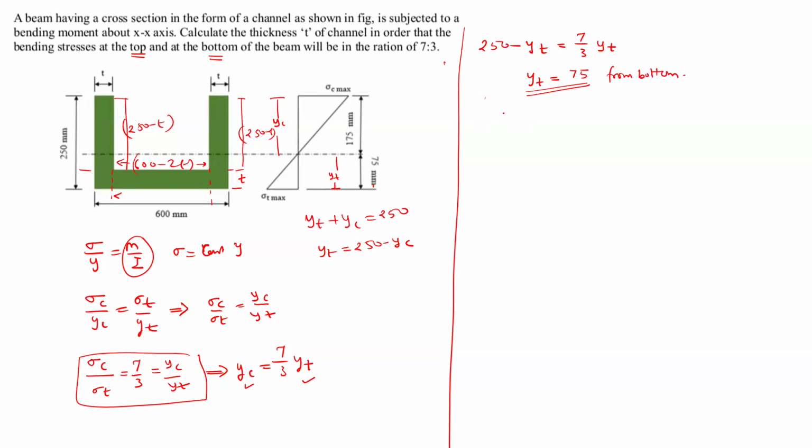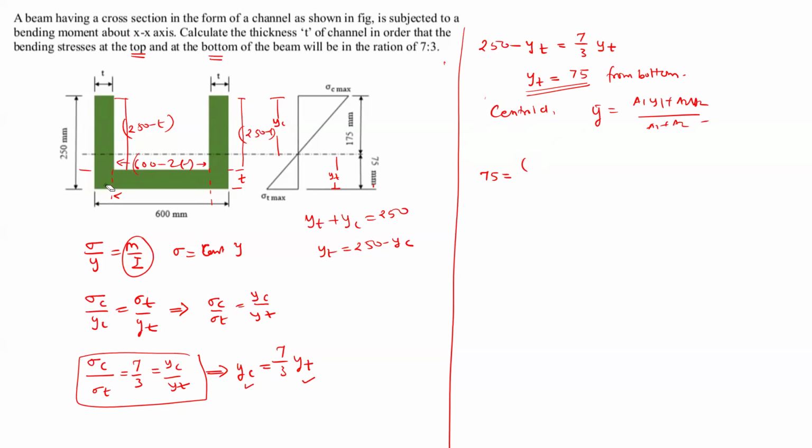How do we work out the centroid? We work out the centroid, let's say, y bar is equal to a1 y1 plus a2 y2 upon a1 plus a2 and so on, right? So we're going to use the same formula. So 75. Now let us split it into the areas. What will be the areas?